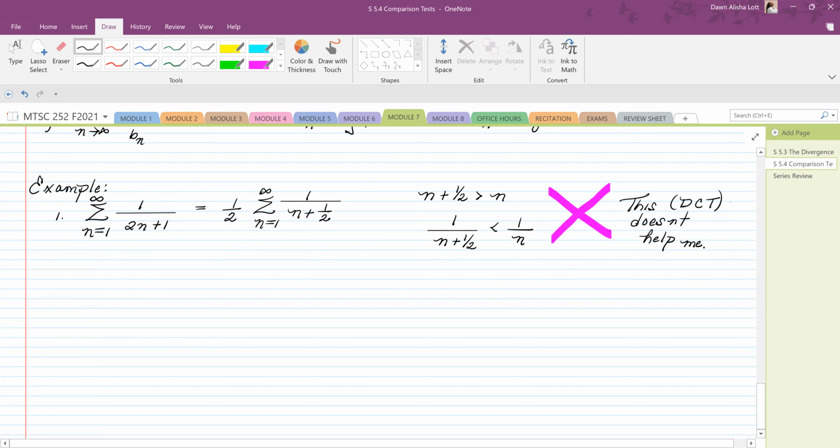So let's try the limit comparison test. Now, again, I still think it diverges. So let's use the limit comparison test with the summation n equals 1 to infinity of 1 over n. I already know this diverges.